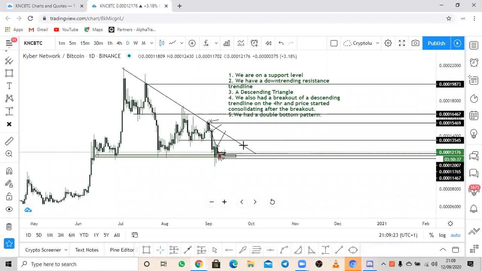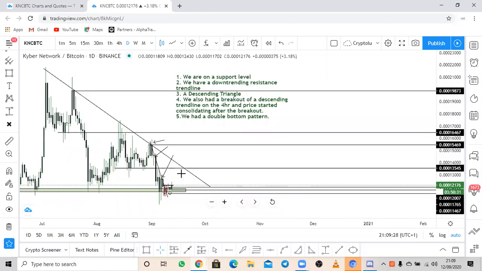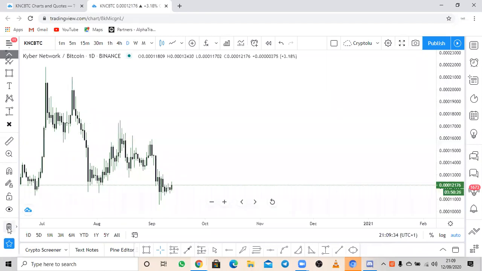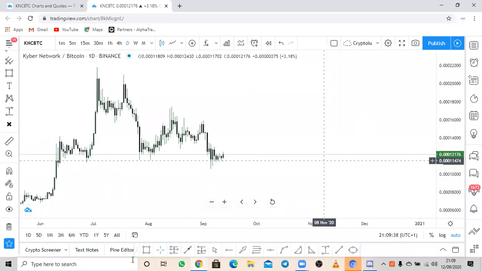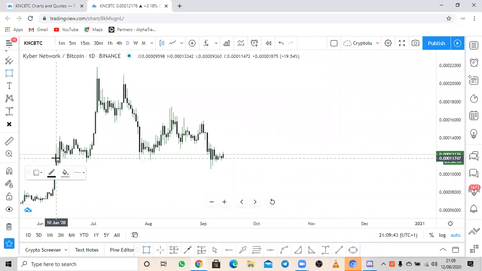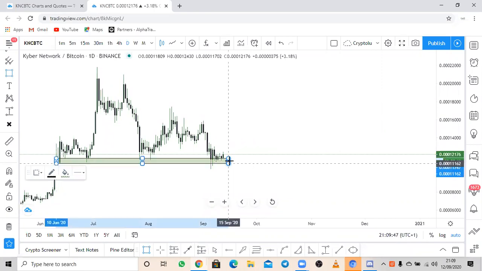So for this one here, we first add the price is on a support level. Price on a support level here. This is our first confidence reason.